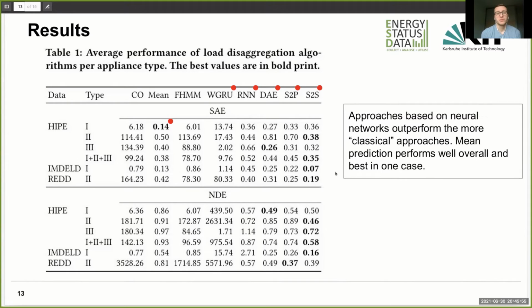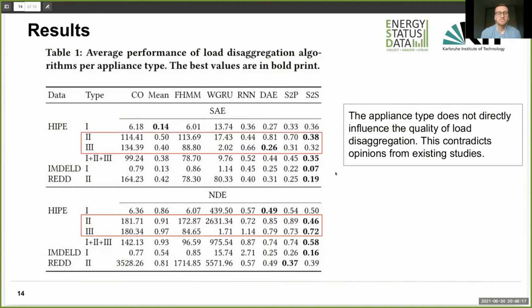So a summary of this slide is that even though there is some trend and the neural networks perform very well, for some situations simpler algorithms might be better than the more complex ones. Next slide, please.